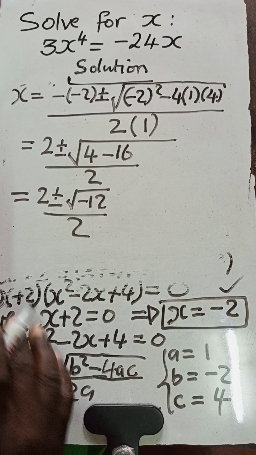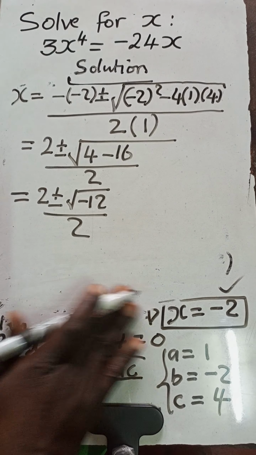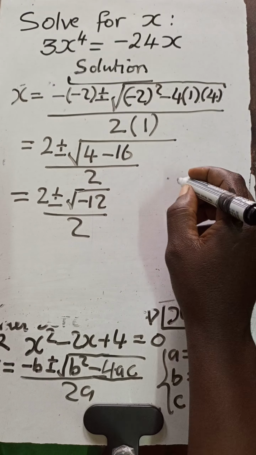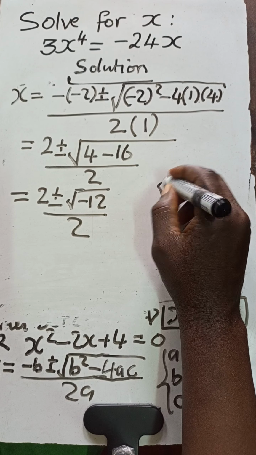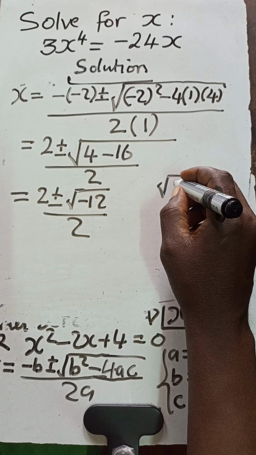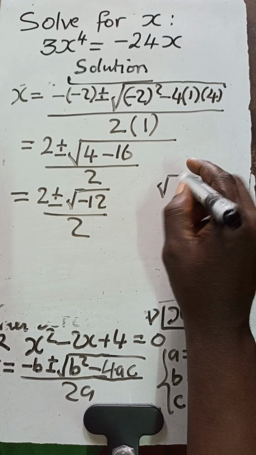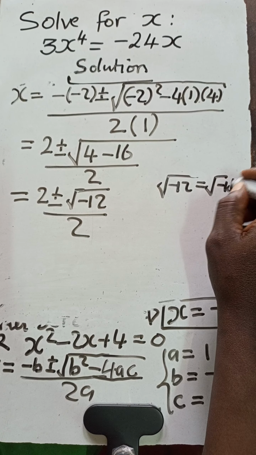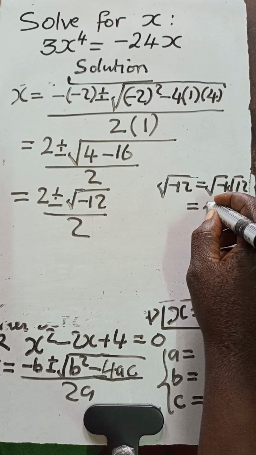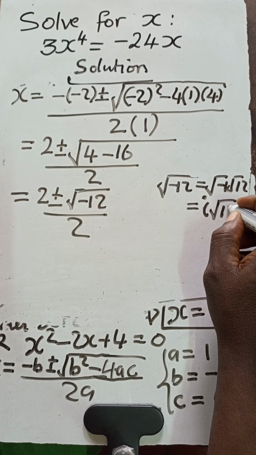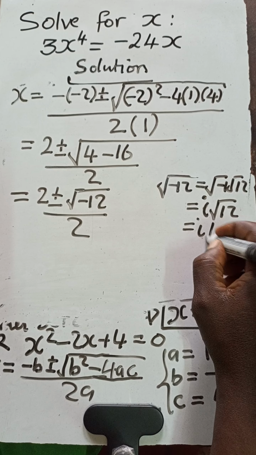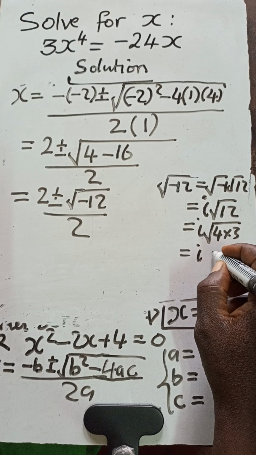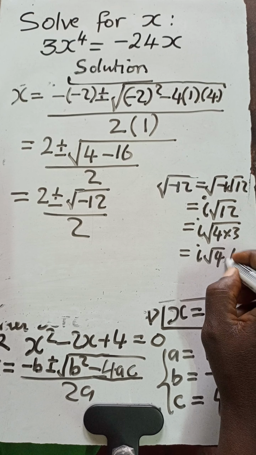Okay, so we're going to have the root of negative 12. Remember, that's going to be complex. It will be the root of negative 1 times 12, and the root of negative 1 is i, so we have i times root 12. 12 is the same as 4 times 3, so it will be i into root 4 times root 3.